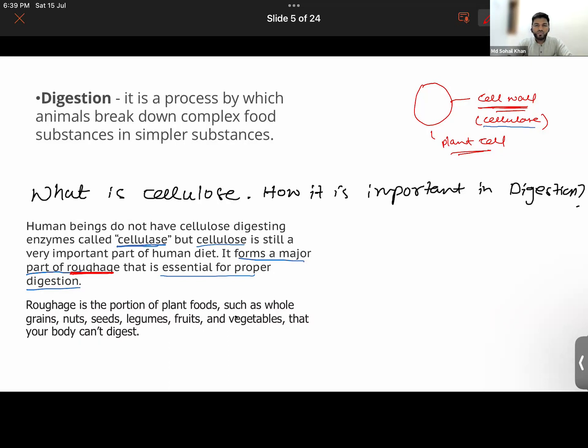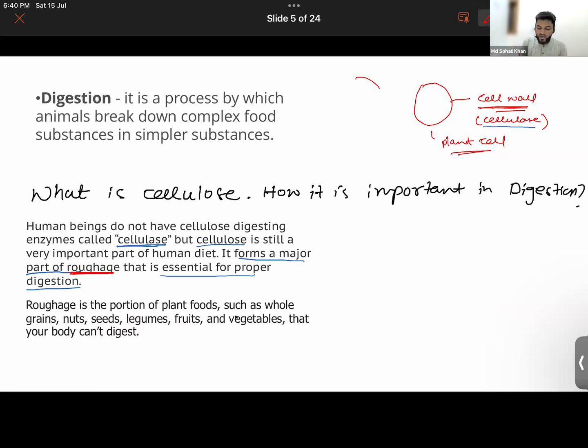Look, in some leaves it has cellulose, and it helps. Vaiga, you tell me now. Human beings have cellulase and plants have cellulose. No, you guys got it wrong here.